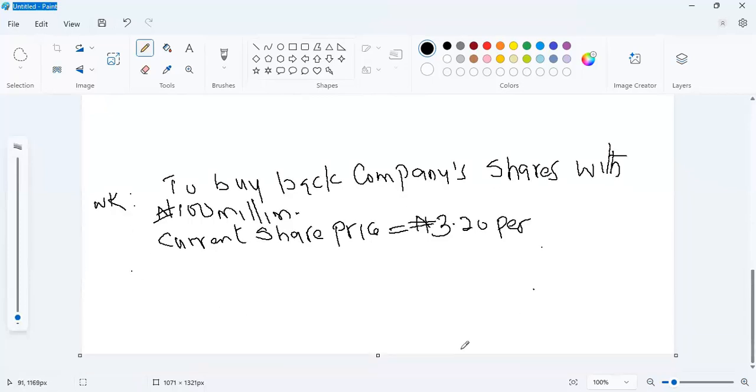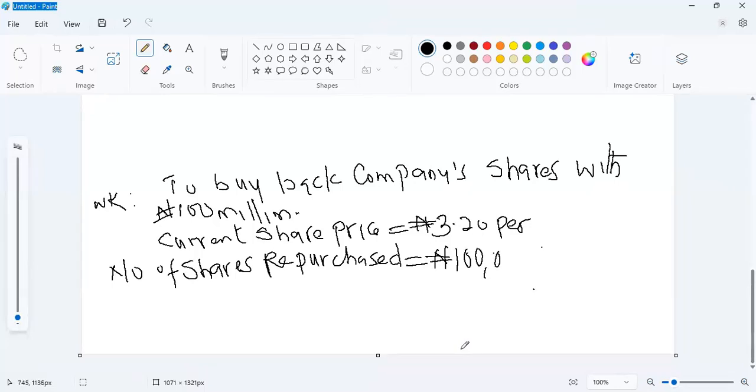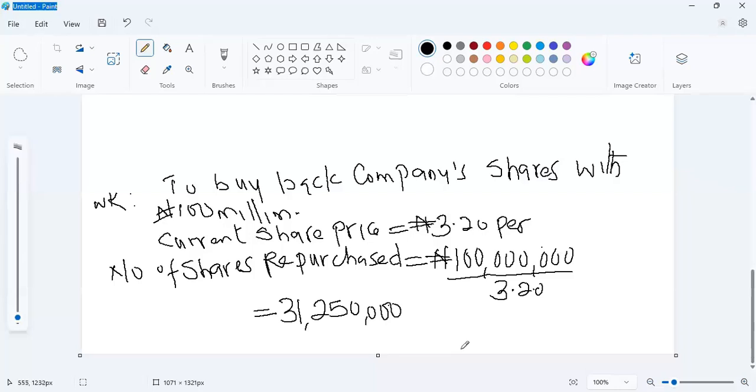Number of shares repurchased is equal to 100 million, I'll write it in full, 100 million divided by 3.20. How many shares can we buy back? Now you can give me the figure. 31 million 250,000 shares.